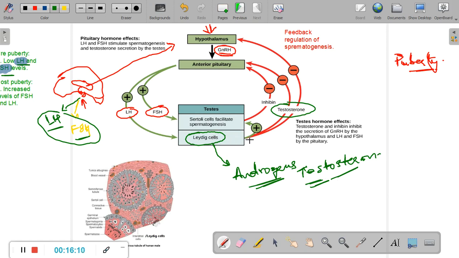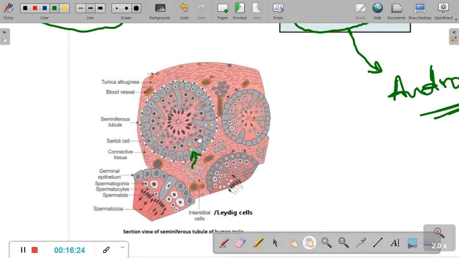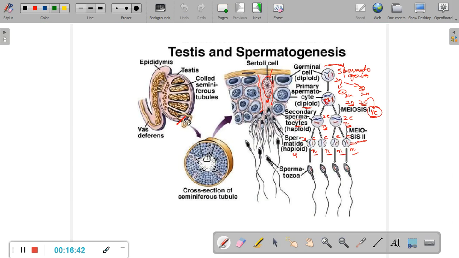What does this testosterone do? This particular hormone will seep from here and move into the seminiferous tubules. Let us magnify a bit here and see.